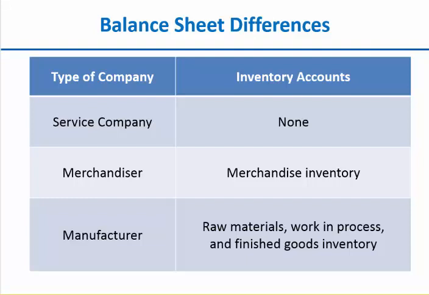You may argue that restaurants have inventory accounts, and I agree, but typically service companies don't, for example CPA firms, consulting companies, or banks. For the merchandiser, there is only one inventory account, called merchandise inventory. A typical manufacturing company has all three inventory accounts, namely raw materials, work in process, and finished goods inventory. So this is about Objective 5, and I hope you like it.